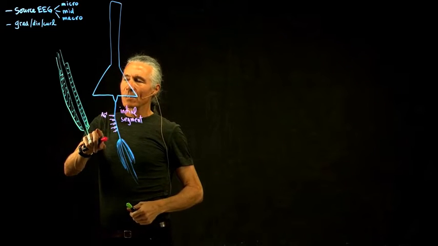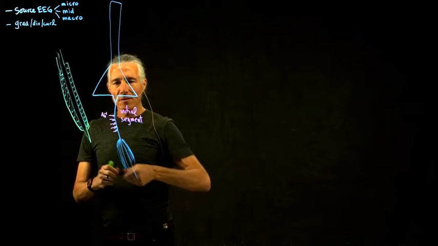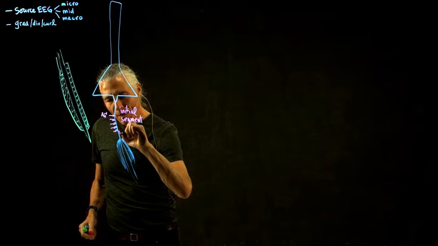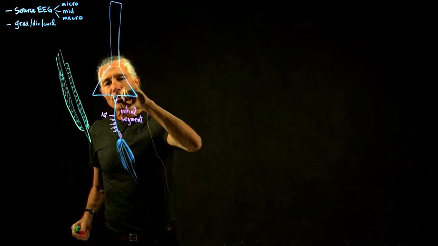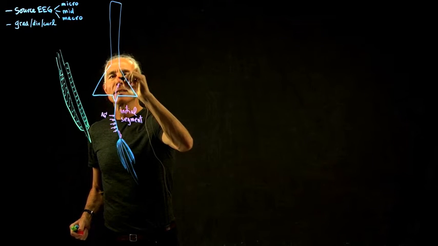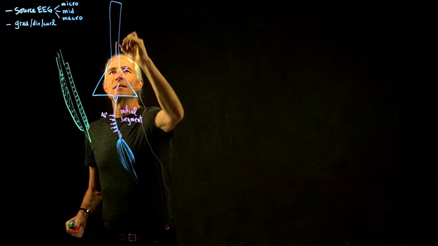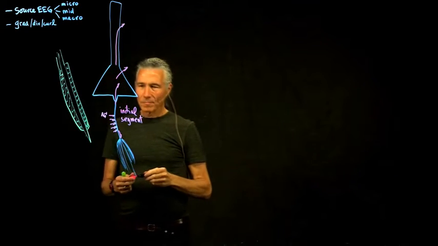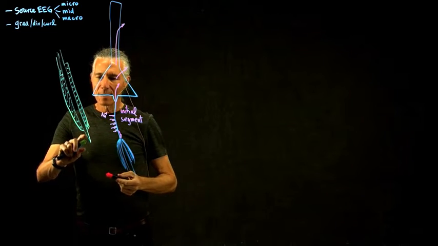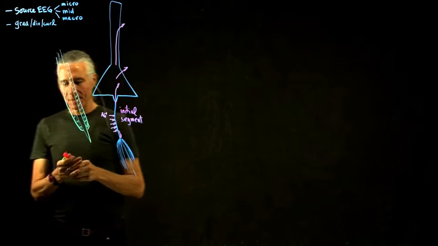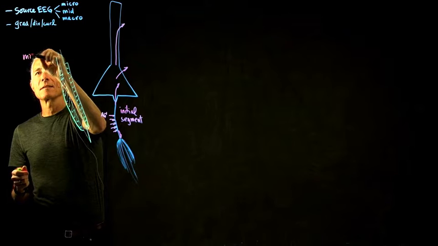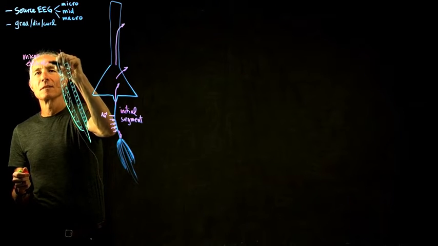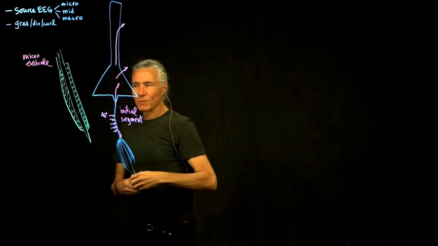If you record here, what you see is these ions going in, and they go down the axon that way, but they also backwash into the dendrite like that. So if you record with a microelectrode, what do you see? You'll see a spike.